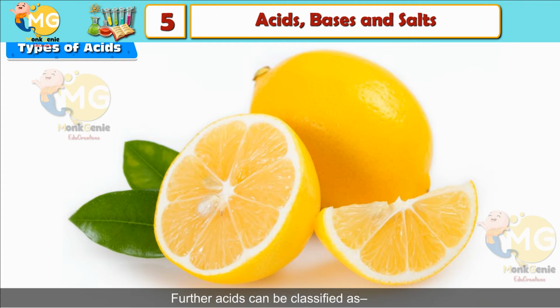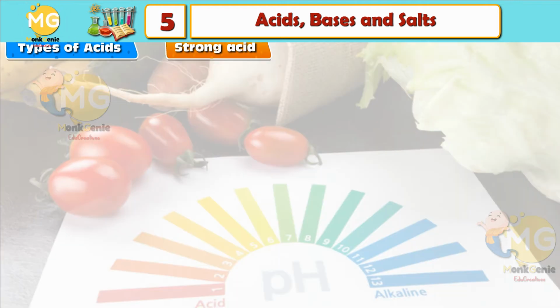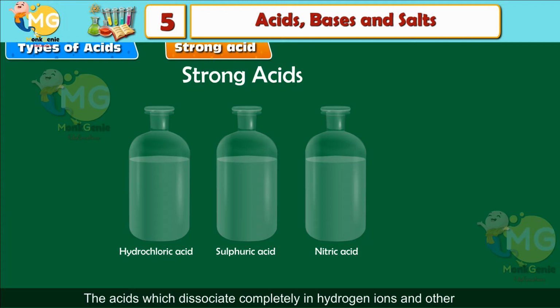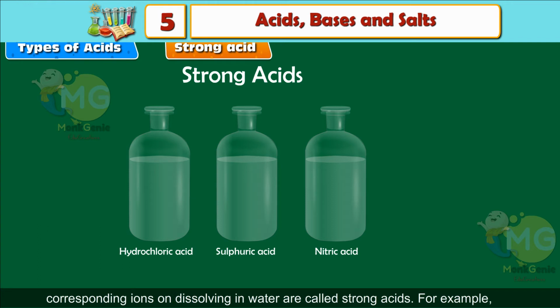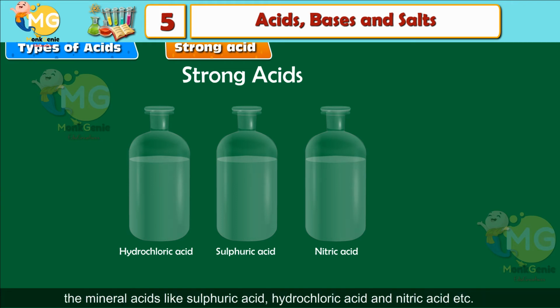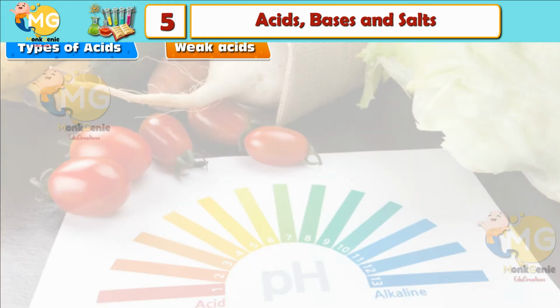Further, acids can be classified as strong acids. The acids which dissociate completely into hydrogen ions and other corresponding ions on dissolving in water are called strong acids. For example, the mineral acids like sulfuric acid, hydrochloric acid and nitric acid, etc. Weak acids.